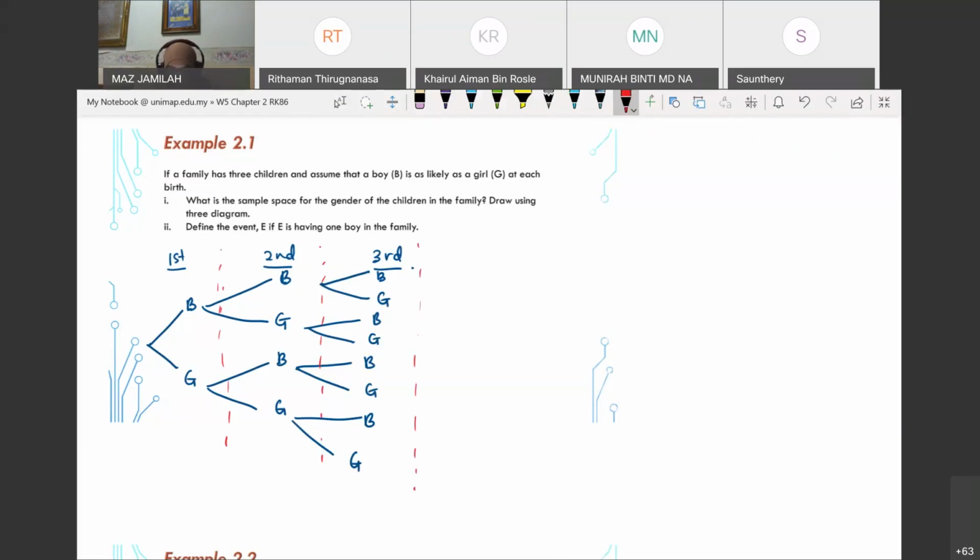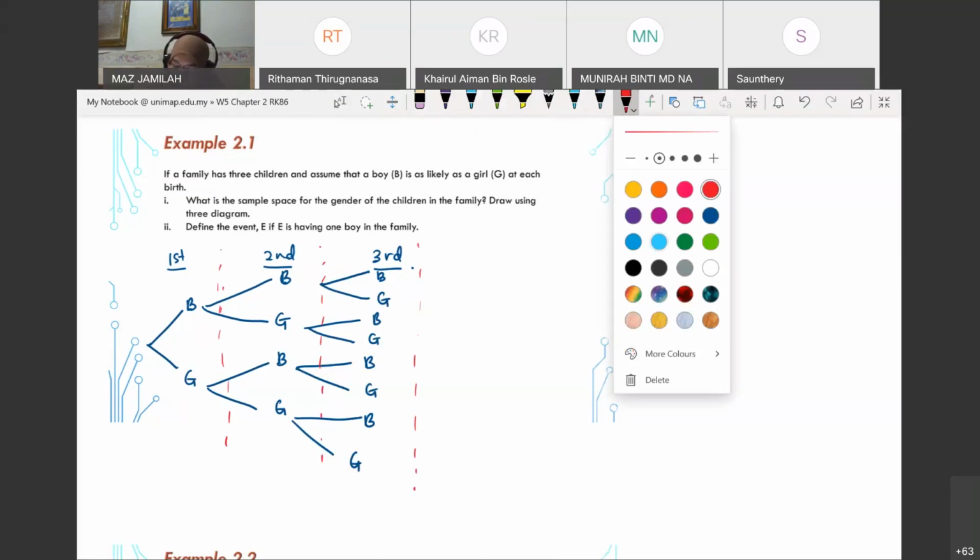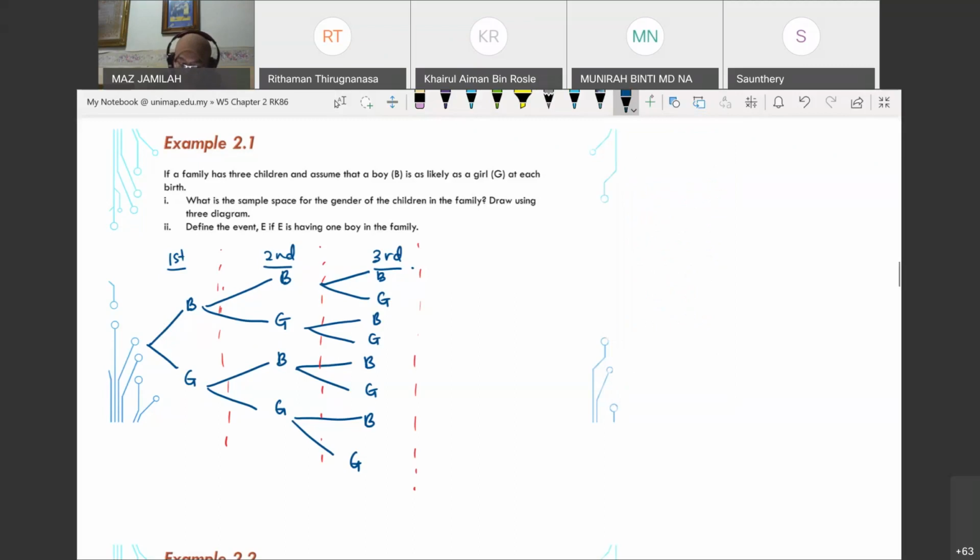Now, based on this tree diagram, you can list out what will be your sample space for the gender of 3 children in a family. For the first one, boy, boy, boy.